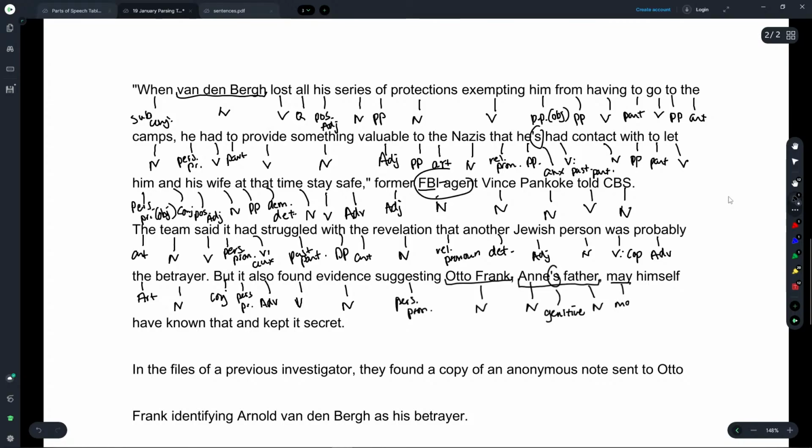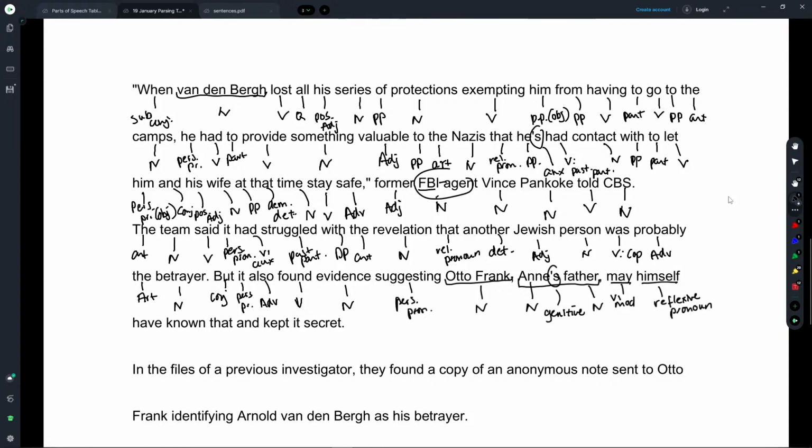May, modal verb. Himself, aha, nice. A reflexive pronoun, but we can also leave it out. And because we can leave it out, we can say that this is also an intensive pronoun.